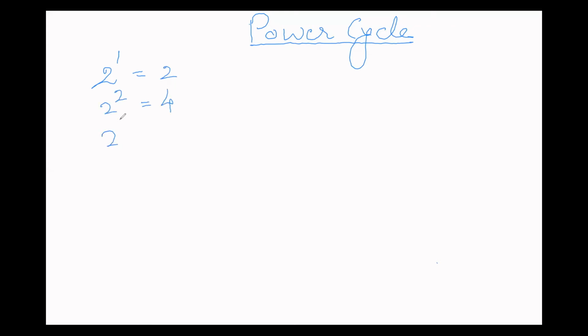Okay guys, so I was talking about the concept of power cycle. So let me write some numbers in front of you. What will happen? We will try to check. 2 raised to power 1, you all know this is 2. 2 square is going to be 4. 2 cube gonna be 8. 2 raised to power 4 is going to be 16.